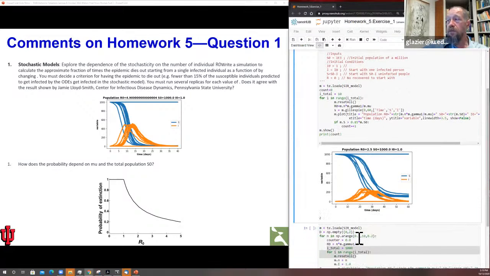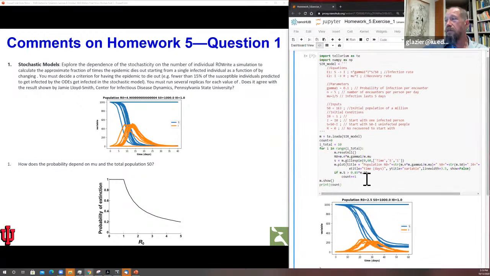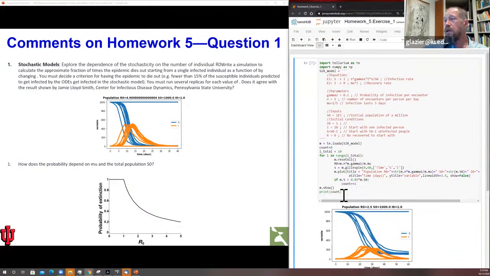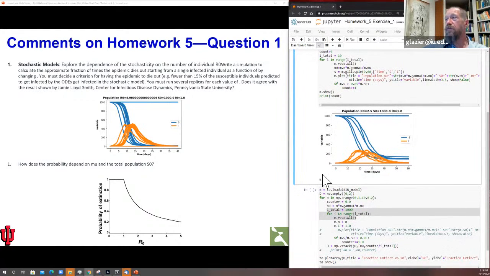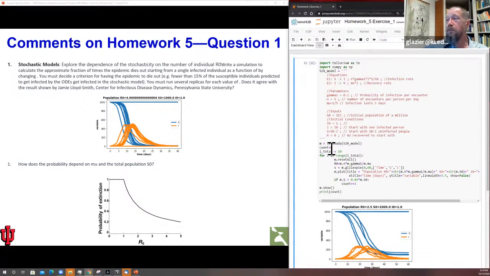So 2 of the times I ran it, I stayed at the top, and the rest 8 of the times I didn't. Let's try running it again and see if I get the same number. This time I got 5 replicas that didn't work. So each time I do it, it's going to be slightly different. Can everybody get that working?